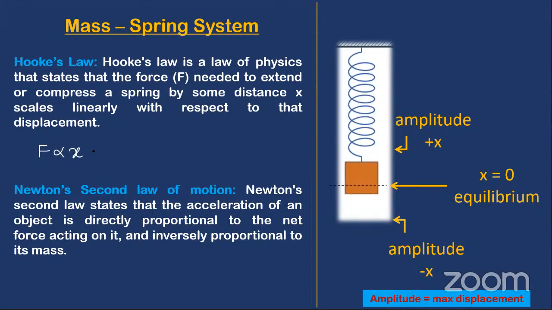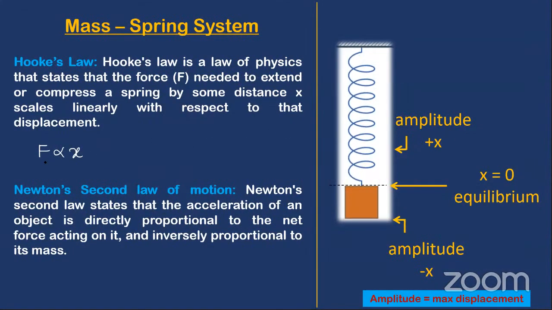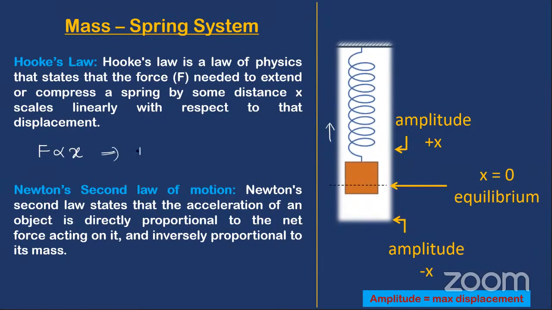But when this spring is coming down, the force acting on it will be opposite to its actual motion. That's how when we replace this, we write it as F equals minus Kx.